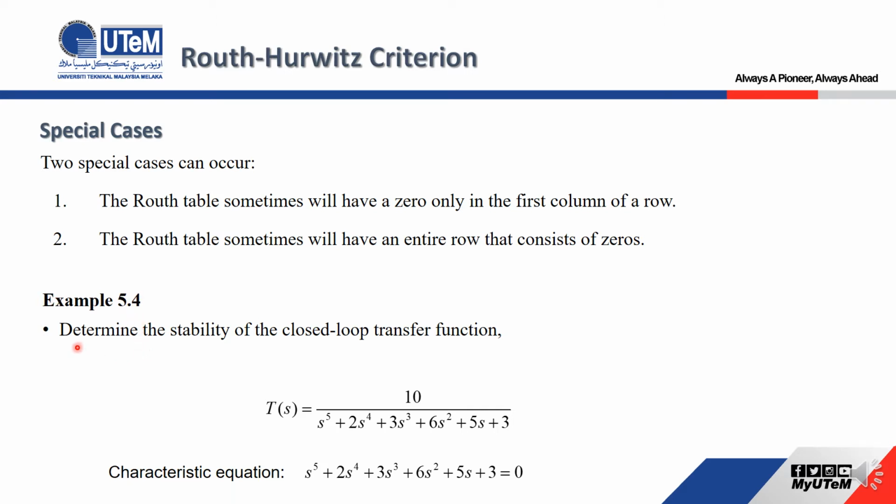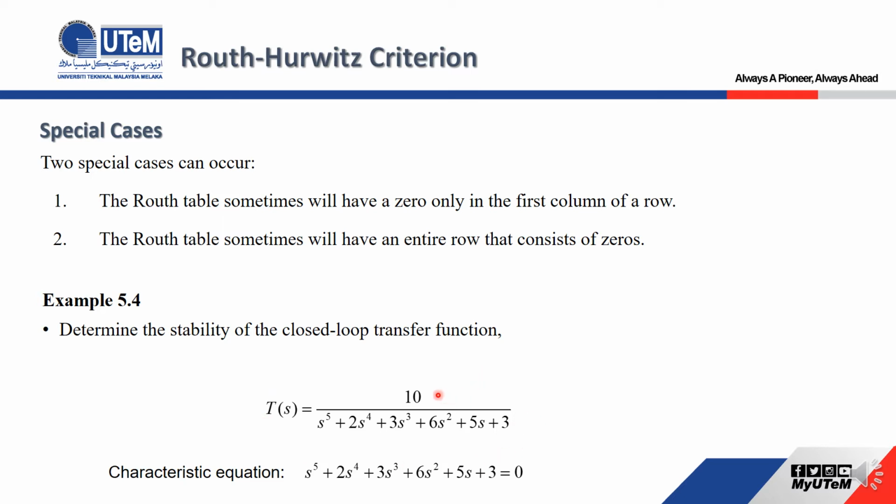Determine the stability of the closed loop transfer function with T(s) equal to 10 divided by s to the power of 5 plus 2s to the power of 4 plus 3s to the power of 3 plus 6s squared plus 5s plus 3. So this is the closed loop transfer function.